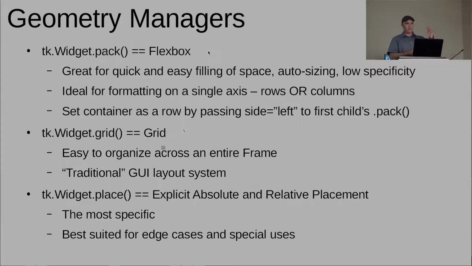One parent element is not going to do both with pack. Now you could have several rows of parents in a vertical pack, and then each one of those would contain a horizontal pack. But if you do that, aligning the elements between the three rows is going to be really challenging. So grid is kind of most versatile.